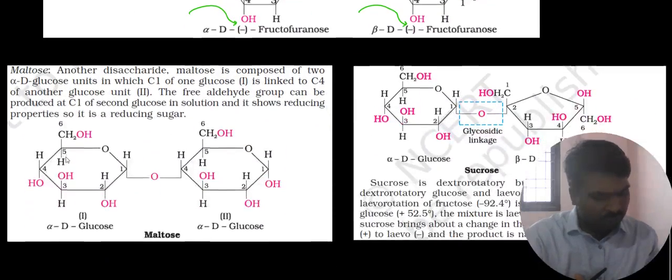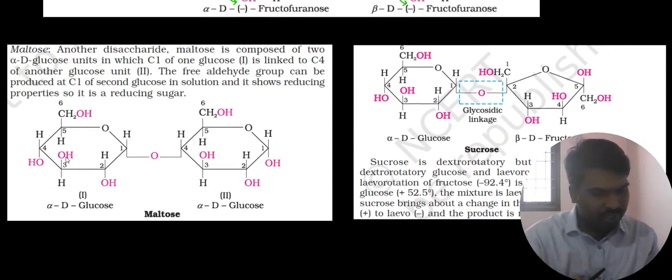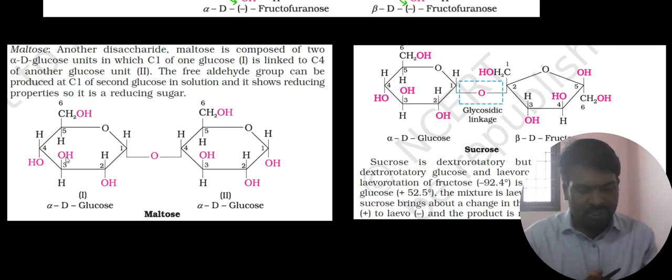Here I also provided maltose and sucrose. Maltose means alpha-D-glucose units are present; it is a disaccharide.